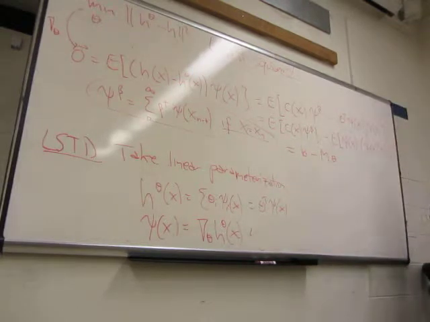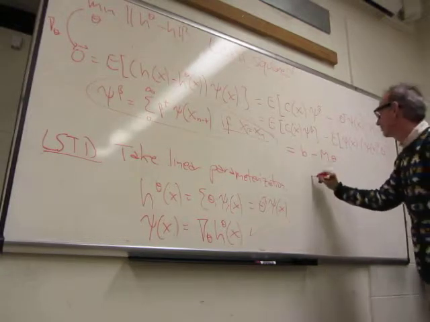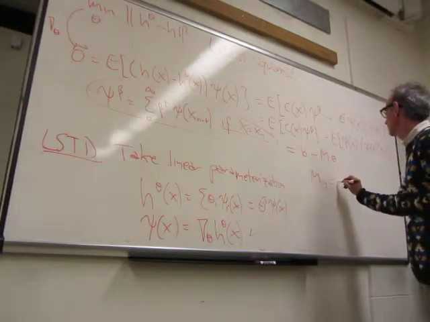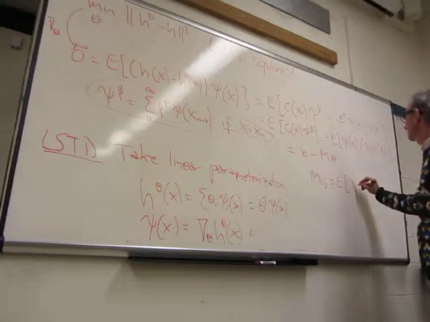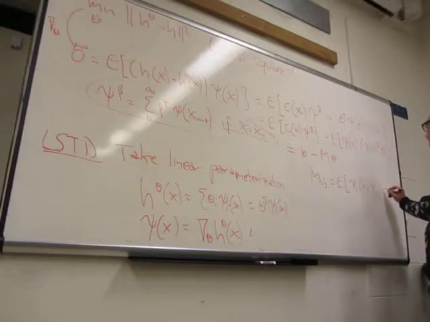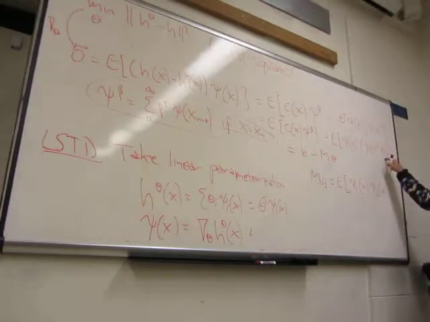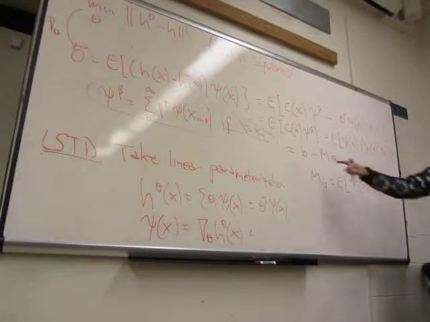Okay, so the matrix M is just this. It's just the matrix multiplying theta. And B is just this.